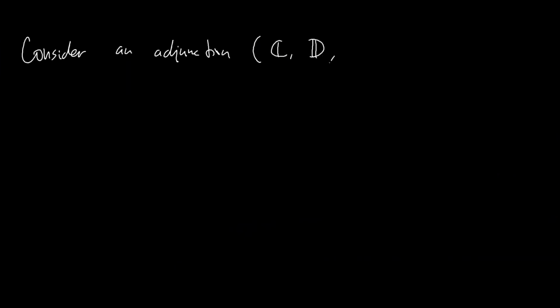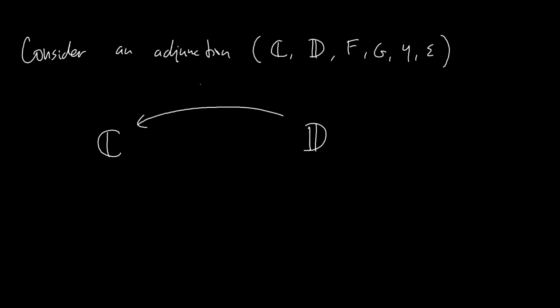We wrote an adjunction out as a system consisting of C, D, and then the functors F and G, and the unit of adjunction and the co-unit. So on the picture, it looks like this. I've got C there, I've got D here, I've got G here, I've got F here.